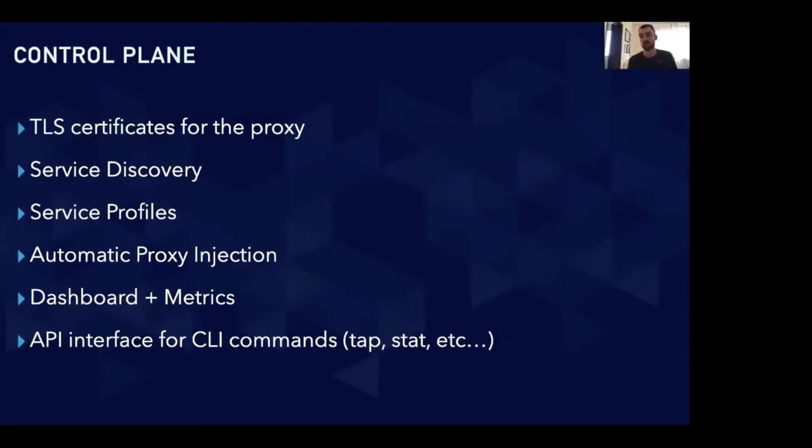It gives you service discovery utilizing DNS and native Kubernetes primitives. It allows you to configure service profiles. So now you can specify things like retry and timeout rules per service. It supports automatic proxy injection, and it also gives you a web dashboard with a bunch of metrics that allow you to look at the runtime characteristics of your traffic.